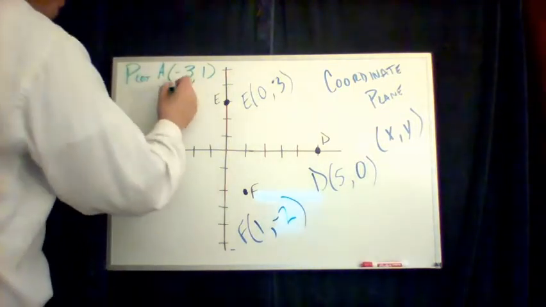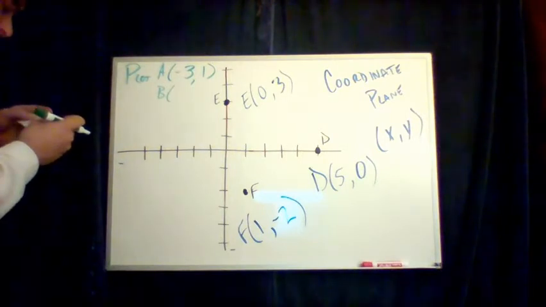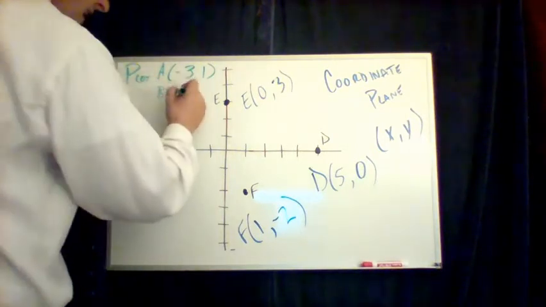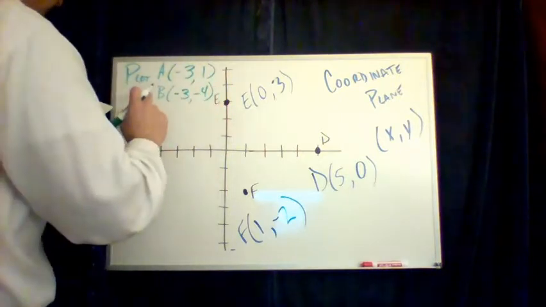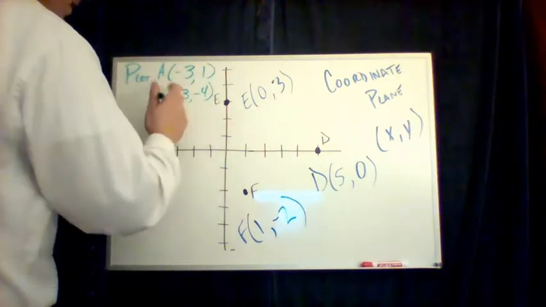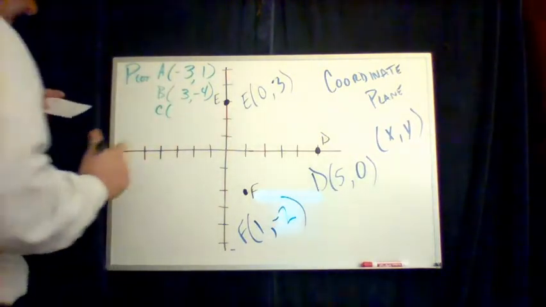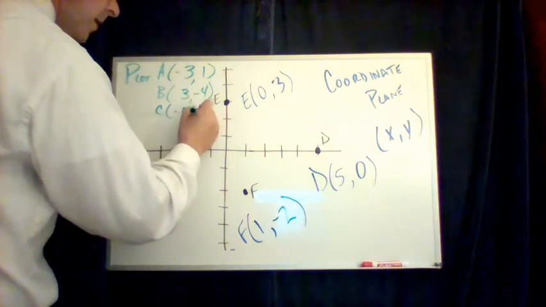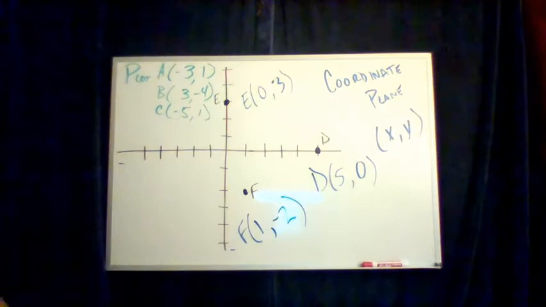Let's plot point B, which is +3, -4. And we're going to plot point C, which is -5, +1. Okay, so we're going to put all three of these now on the map.